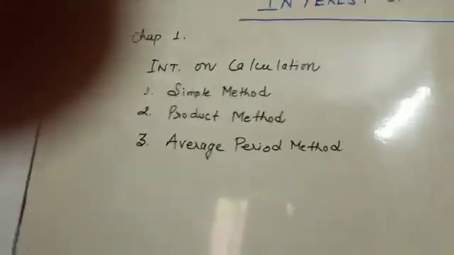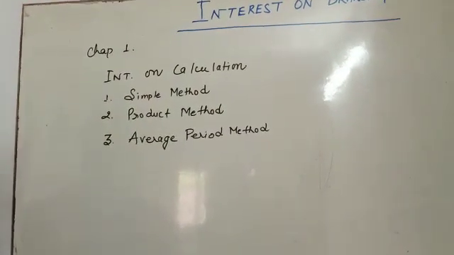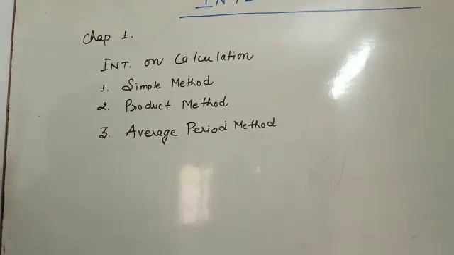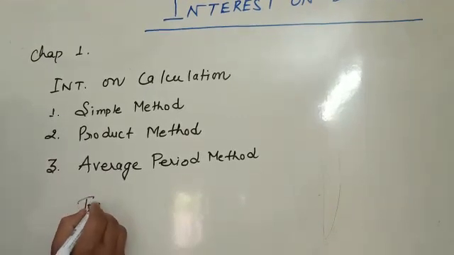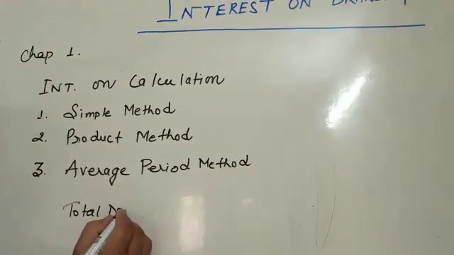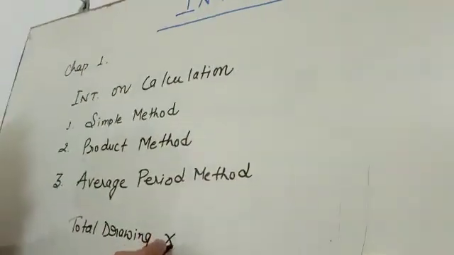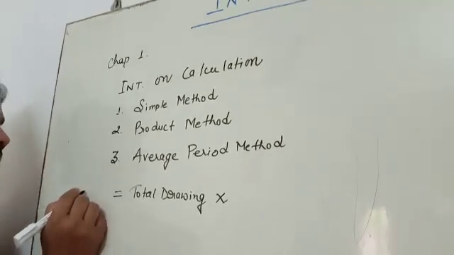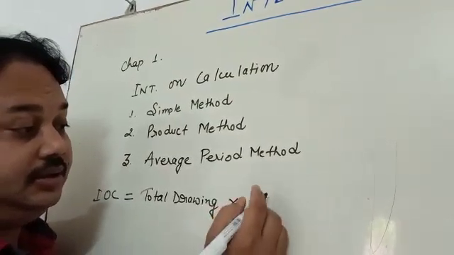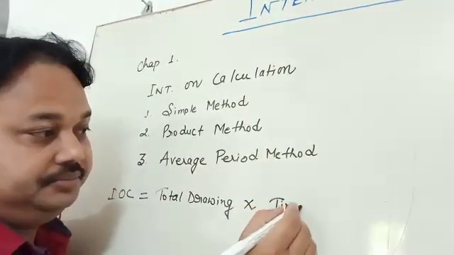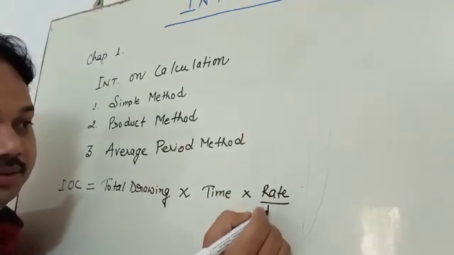Okay. In simple method, my dear student, we first calculate total drawing by partner, multiply total drawing of partner, multiply time, multiply rate upon 100.